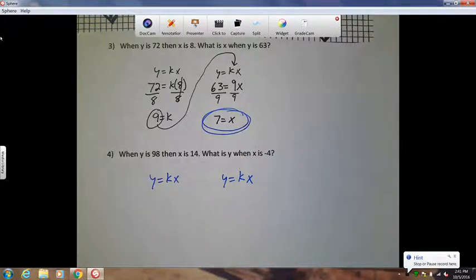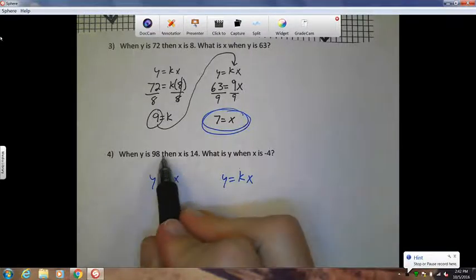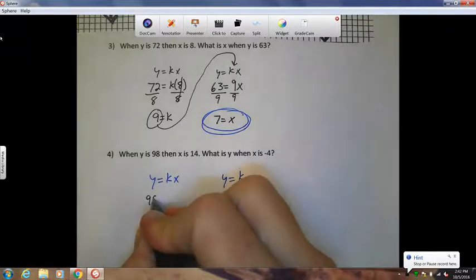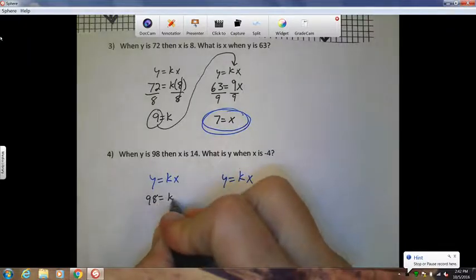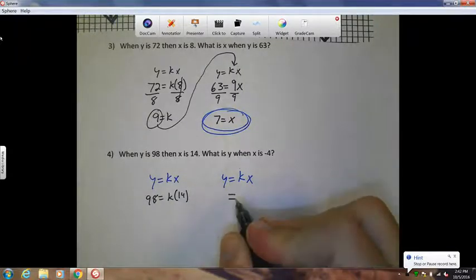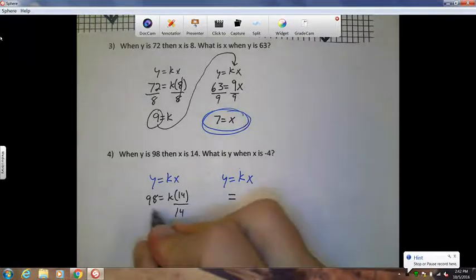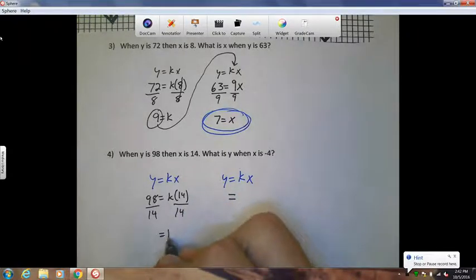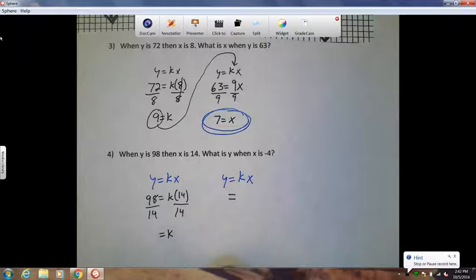So I need to plug in when y is 98, x is 14. So divide by 14. So that is probably 7. Yeah. So k is 7.